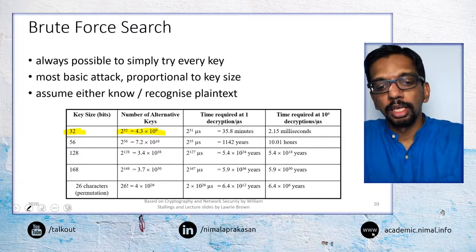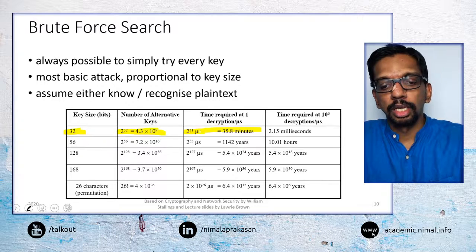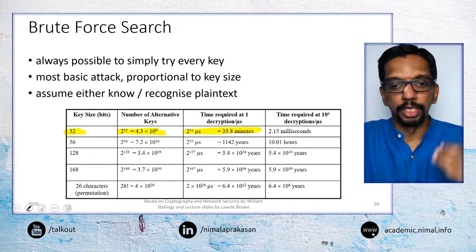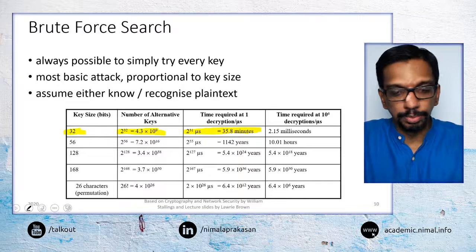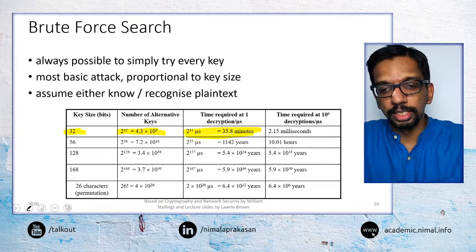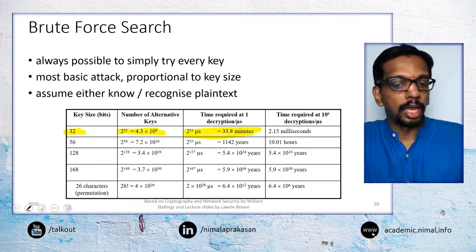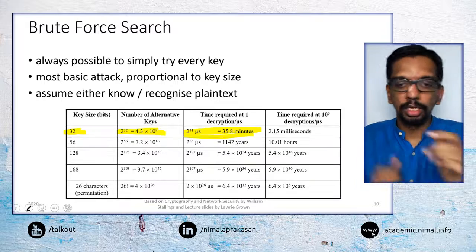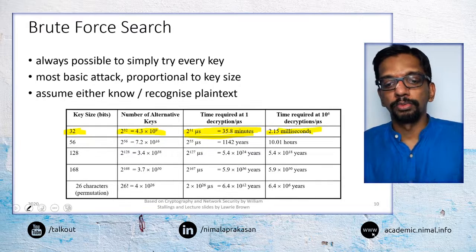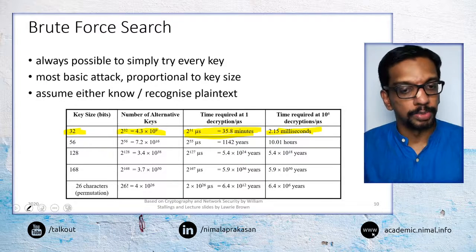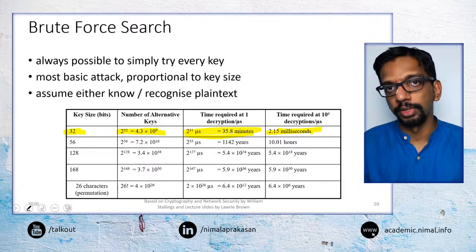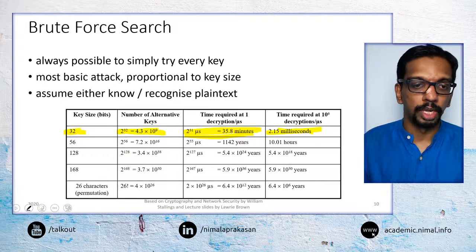Then say, for each trial of encryption, each trial of decryption, the time needed is this. Then we can try out that across the amount of encryption or decryption that we can perform within a period of time.